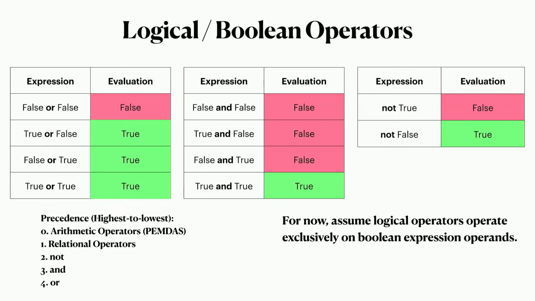The truth is a little bit more fuzzy than that, but we'll get there in due time. All right? In terms of precedence, when you're reading these expressions: arithmetic, relational, not, and, or, in that order. But in general, this is a lot of rules to remember, and you can simplify your life and make your code a little bit easier to read by using parentheses where possible.